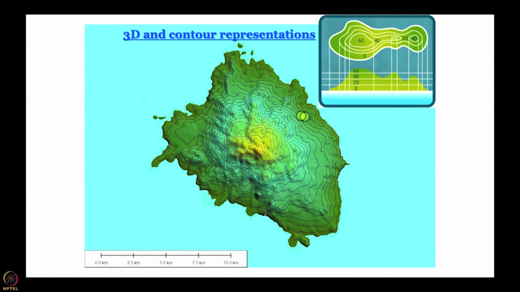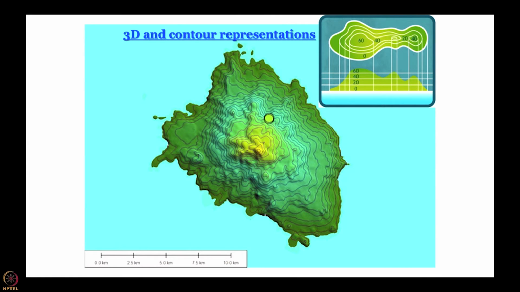Those who have studied geography to some extent, or those who are interested in maps, will have seen maps like this. What you see here is the map of an island. Here the island is shown in relief.